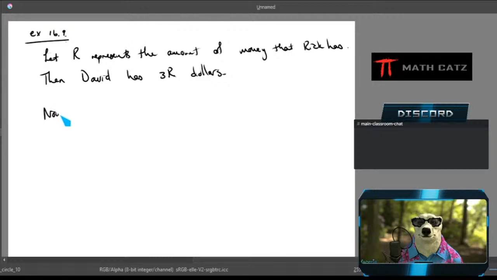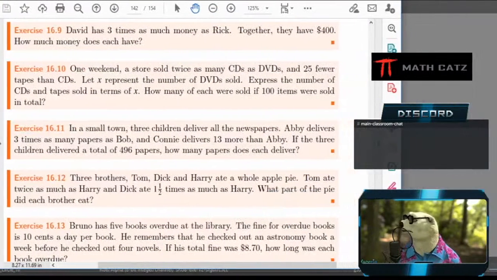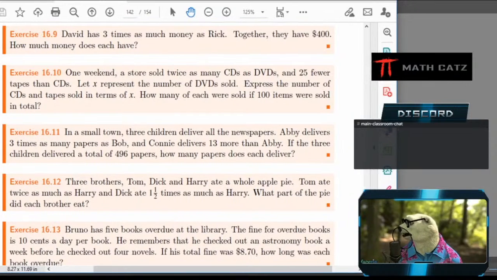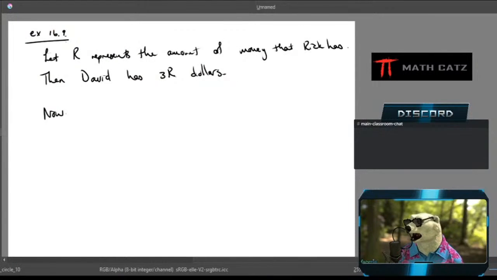Now, let's translate the information. They say together they have $400. So again, I'm looking at breaking it up into David and Rick, adding them up, and that should equal 400 dollars.